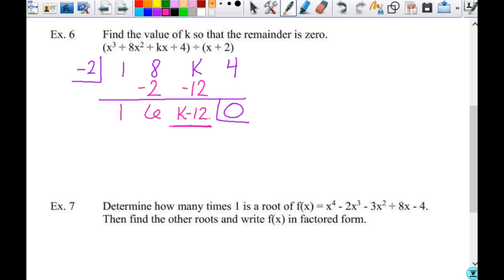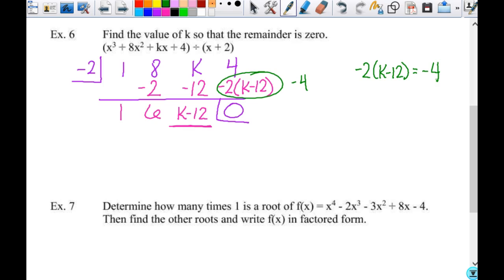Then I take this negative 2, and I'm going to multiply by this, so this gives me negative 2 times k minus 12, right? Well, in order for this right here to be 0, what does this have to equal? Negative 4, right? I need that to be a negative 4. So that gives me my little equation. I can say negative 2 times k minus 12 has to equal a negative 4.